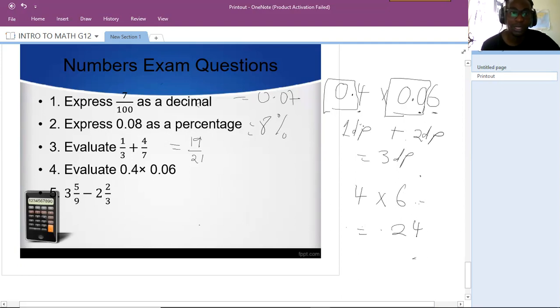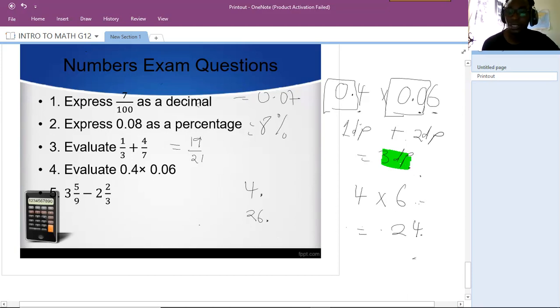However, we have to go back to the number of decimal places that we counted, 3 decimal places. Every whole number that you write, the decimal point will be at the end. If I write 4 as a whole number, the decimal point is there at the end. If I write 26 as a whole number, the decimal point is at the end there. Therefore, 24 as a whole number, the decimal point is also at the end there.